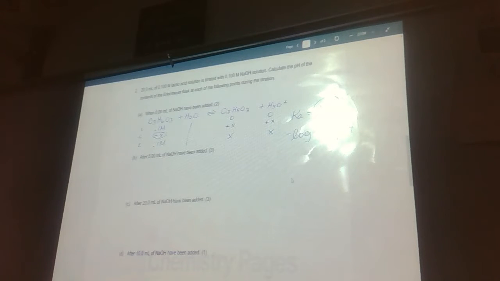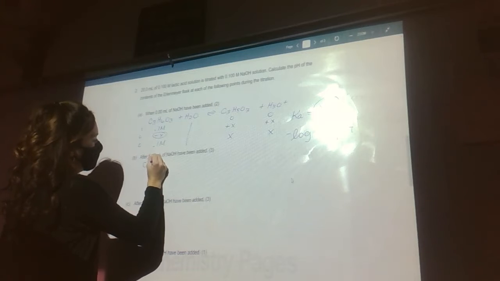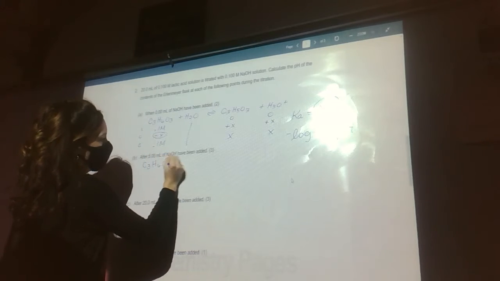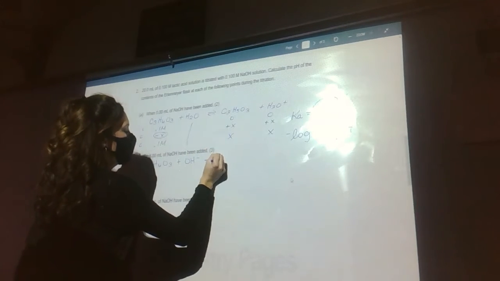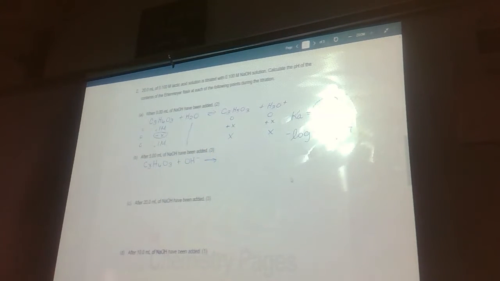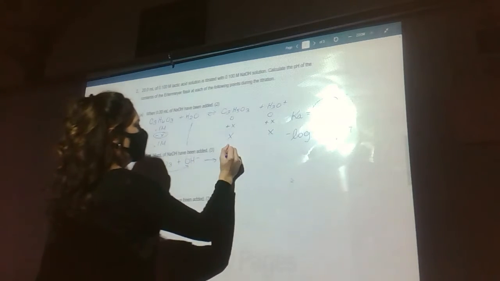Okay. Once the titration has started, we're reacting a weak acid with a strong base. So it's just hydroxide. It's a strong base. We have a right-hand arrow. Proton donor, proton acceptor.